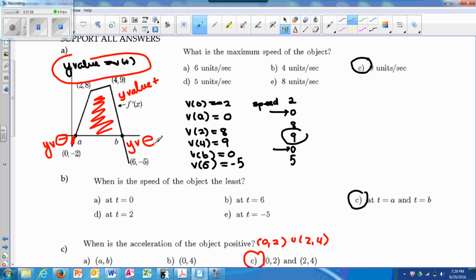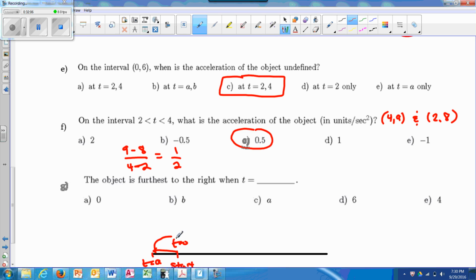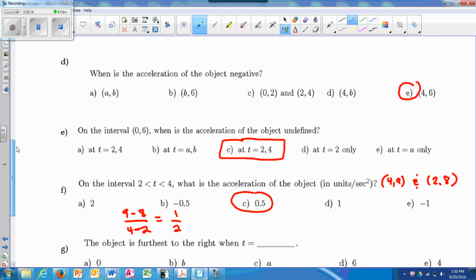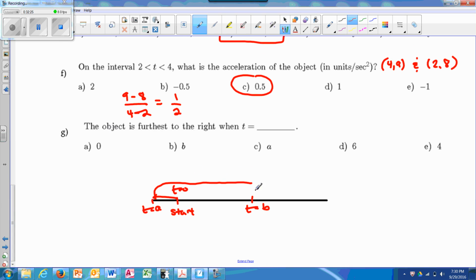And at time 6, the velocity is -5. That means that the speed at each of those times respectively is 2, because speed doesn't care about the direction, it only cares about the absolute value. 0, 8, 9, 0, and 5. So the maximum speed is 9 units per second.